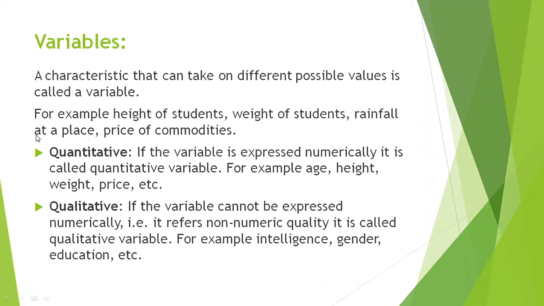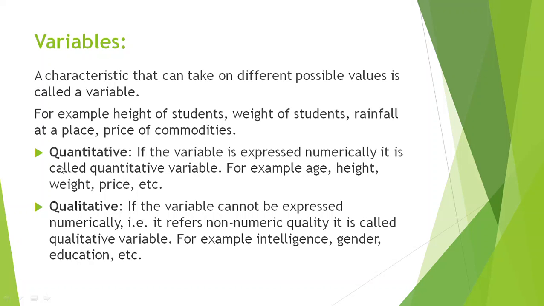Rainfall at a place will not be the same in millimeters, it will be different every time. Then the prices of commodities are also different. So a characteristic that has variability is called a variable.